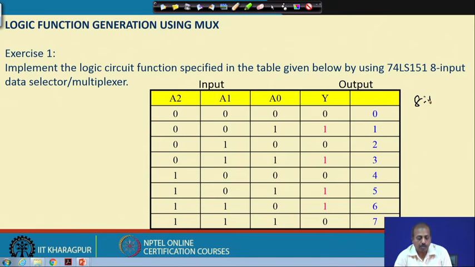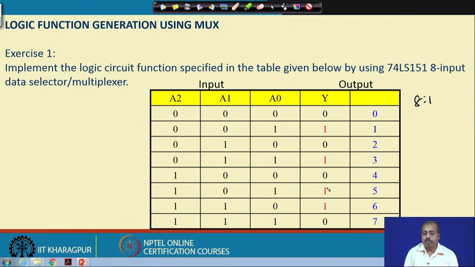Suppose this is the function that we want to realize. This is a 3-input combinational function. For the combinations 0 0 1, 0 1 1, 1 0 1 and 1 1 0, the output should be 1, and for the rest the output will be 0.